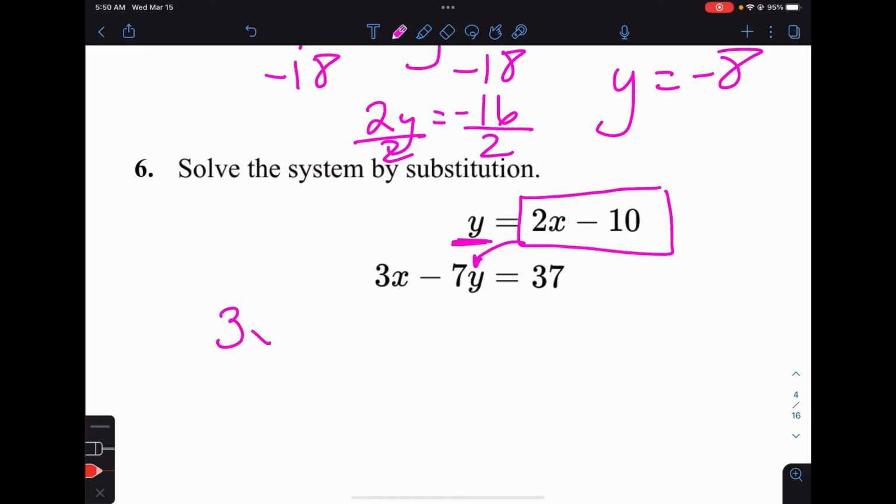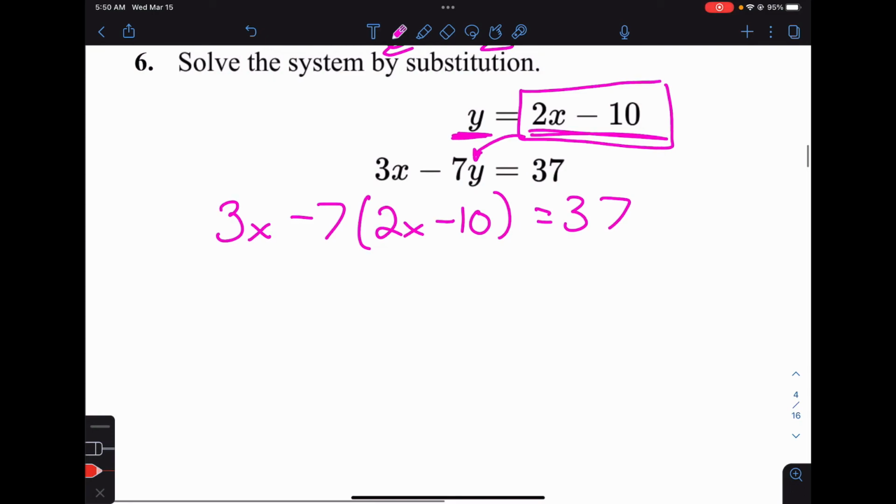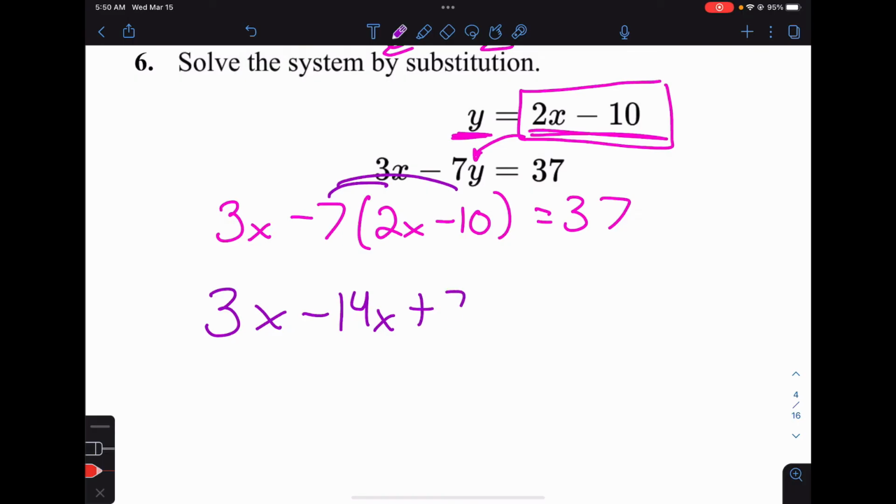So we get 3x minus 7, and then instead of y, we're going to replace y with what y is equal to, which is 2x minus 10 equals 37. So now at this point, we want to go ahead and distribute our negative 7. So we get 3x minus 14x plus 70 equals 37.